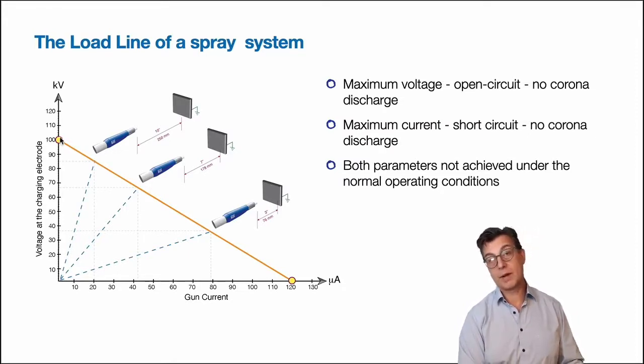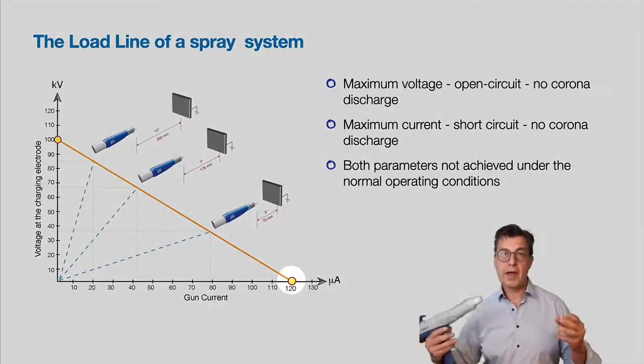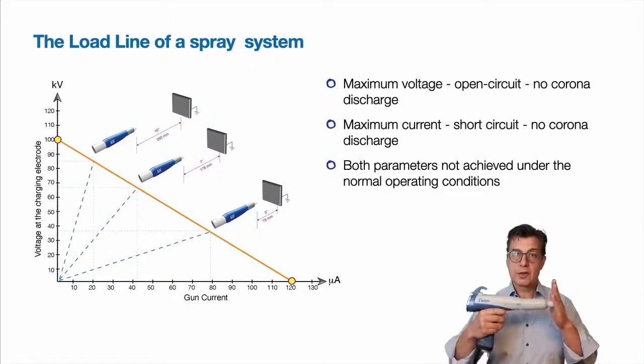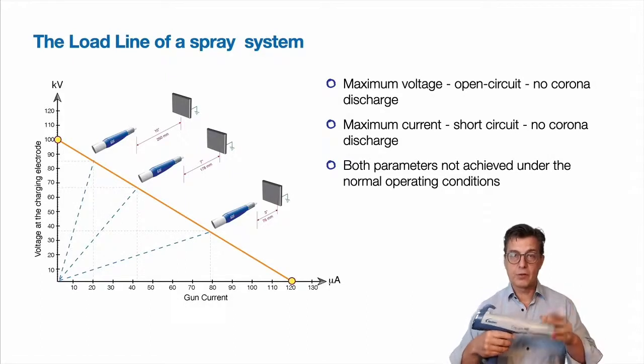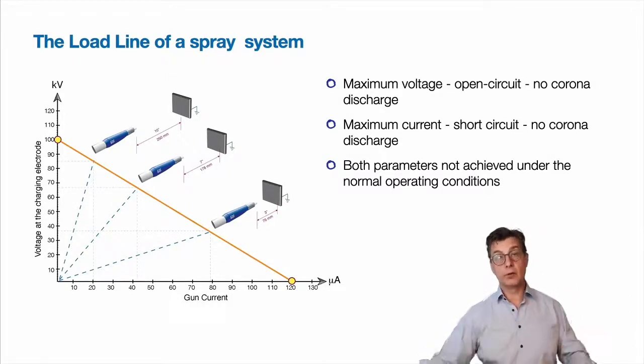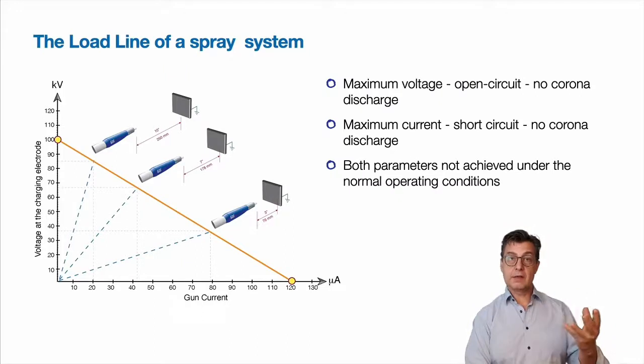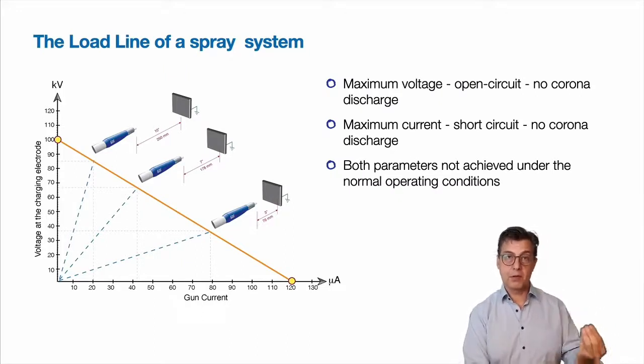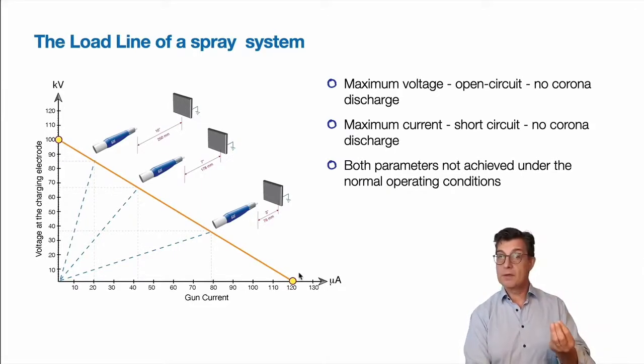The same goes for the maximum current. The maximum current is short circuit current. It happens when the gun actually touches the product we're trying to coat. Well, needless to say, that will not work. So in fact, these two maximum values, maximum voltage and maximum current, never happen in normal operation, under normal operating condition. They're meaningless.